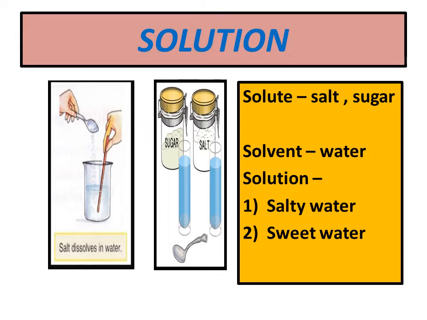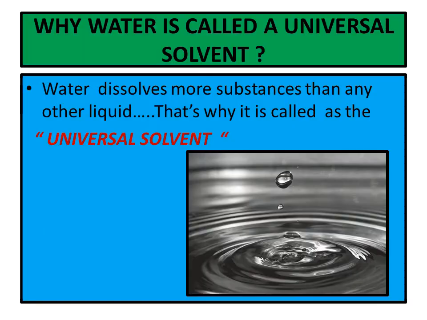The thing which is dissolved, which is less in quantity. And what is solvent? The liquid in which solute is dissolved. Solvent is always more in quantity, and the result is the solution. In the first we get salty water, and in the second, after dissolving sugar, we get sweet water.